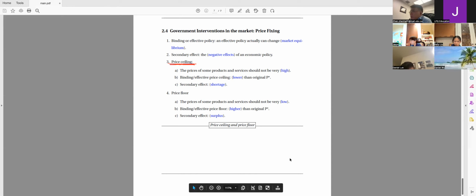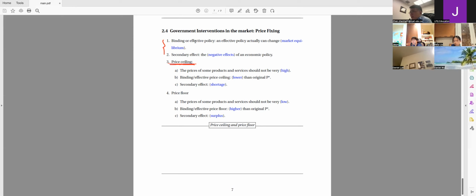But before we actually draw the price ceiling graph, let's finish the first two terms here. The first one, binding policy. What do you mean by binding policy? If you, as a BC government, impose some kind of policy on the market system, and your policy actually can change the market equilibrium and has actual effects on the market, then your policy is said to be a binding policy.